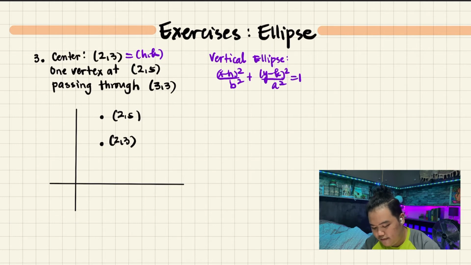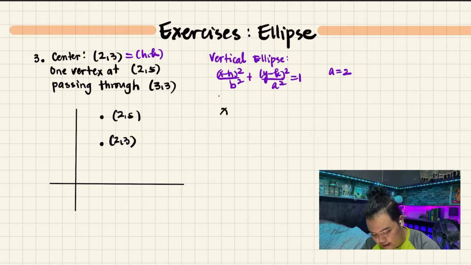We already have hk, libre na yun. Meron tayong center to vertex, which is a. So, a is 2. A is 2. Okay? So, plug in na nga natin to, dito sa equation, para mabuo na siya. Anong kakalabasan?